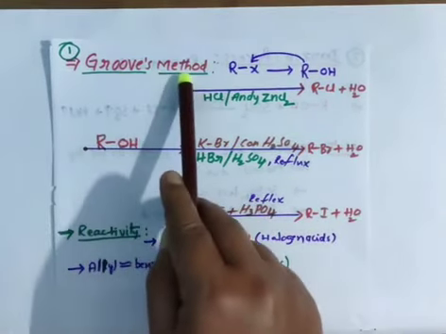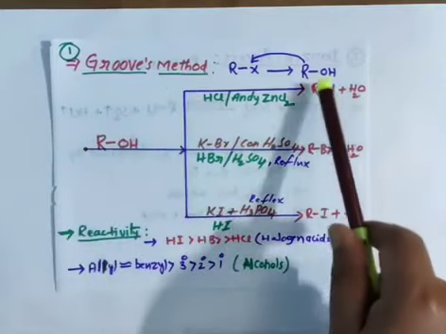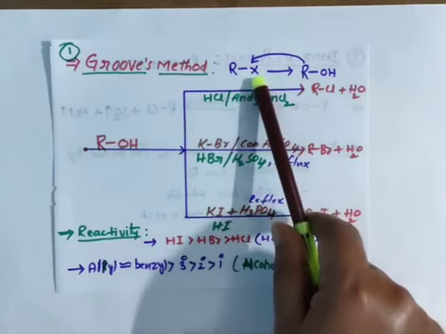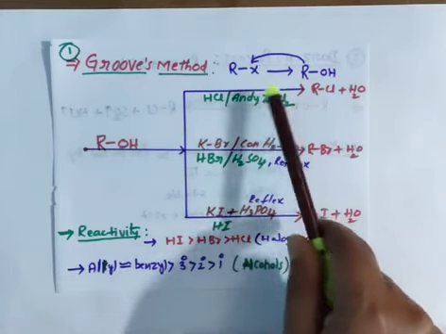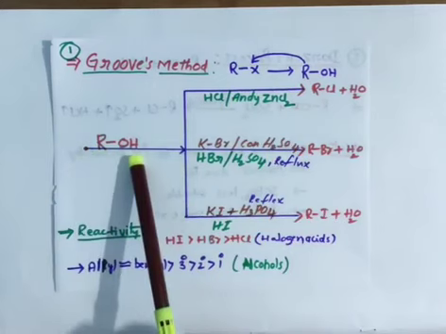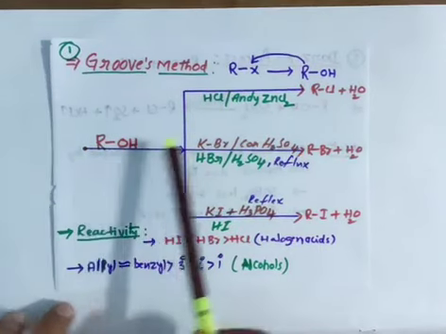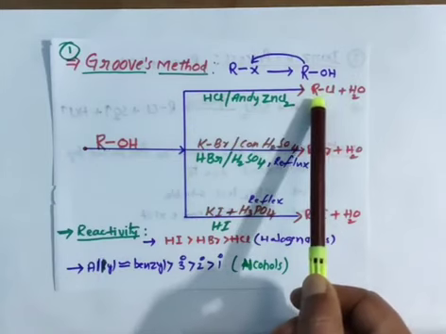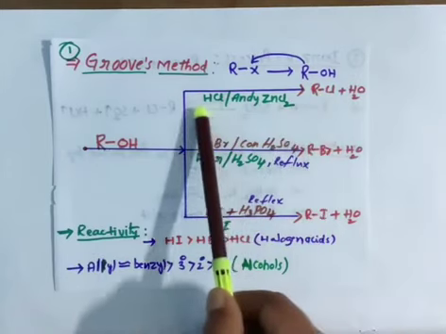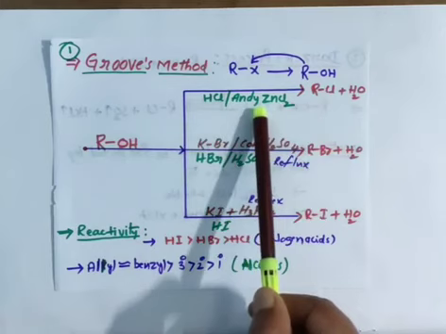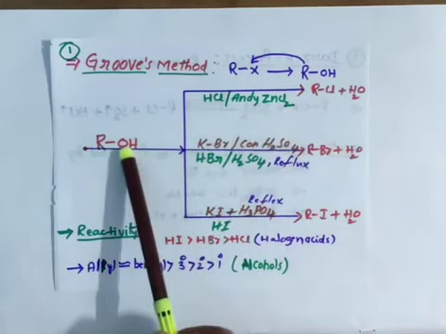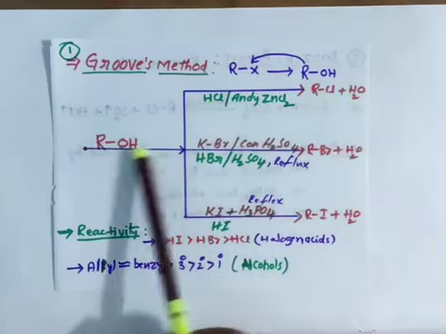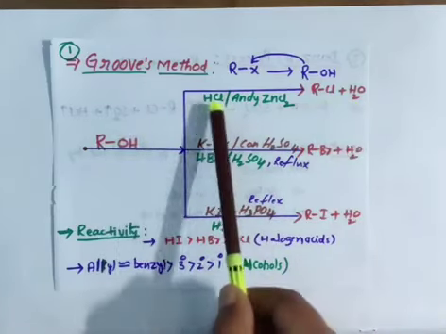Groves' method. Here from alcohols we are preparing alkyl halides. This belongs to haloalkanes and haloarenes. ROH, alcohol, and we are preparing chloroalkanes in the presence of HCl and anhydrous ZnCl2. The OH group and this hydrogen are removed as a water molecule, and this is replaced by chlorine.